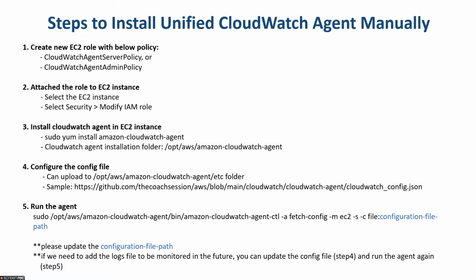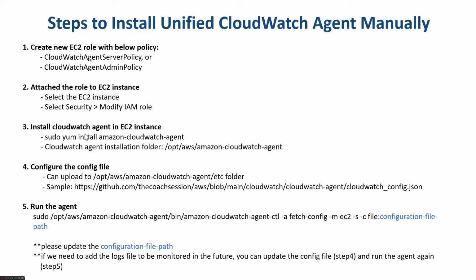Okay, there are 5 steps that we need to do for manual installation. The first one, we need to create the EC2 role with the below policy. I will go through all these steps one by one, so don't worry. The second step, we need to attach that role to the EC2 instance.